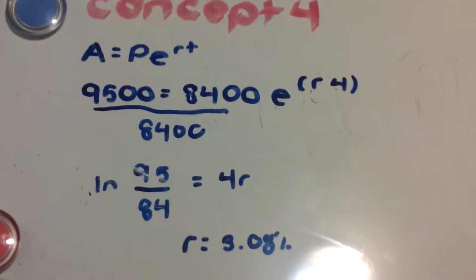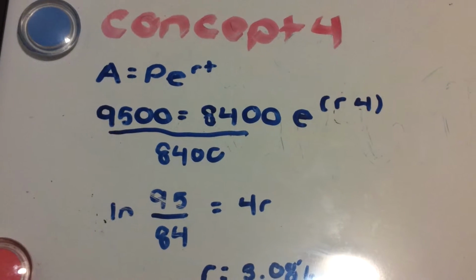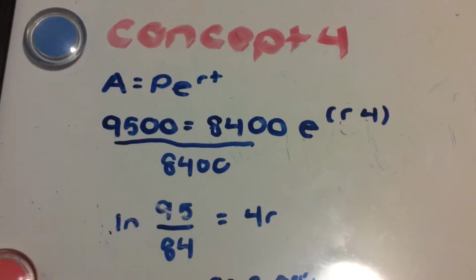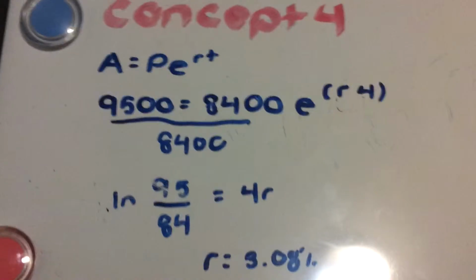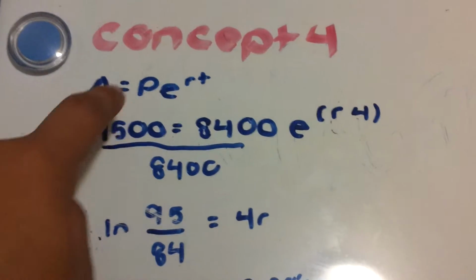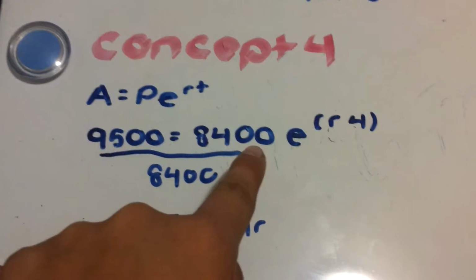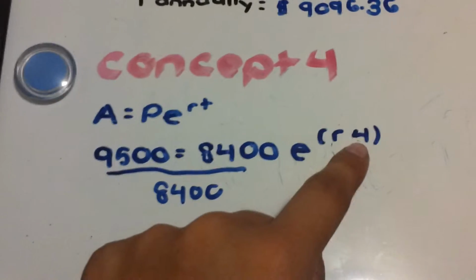Okay, so next is concept 4, which is finding the interest rate he needs if he wants 9,500 in his account by the end of 4 years. A is the amount that he wants to end up with, P is the amount that he invested, r is the rate, and 4 is the time.